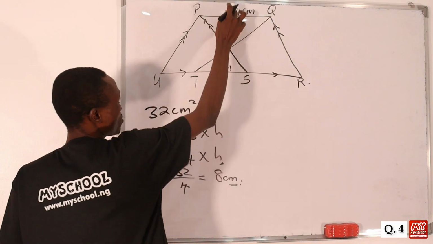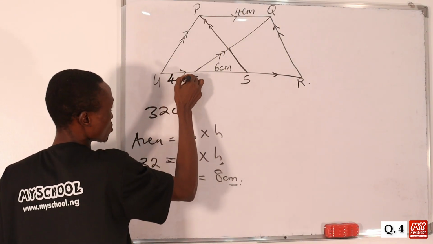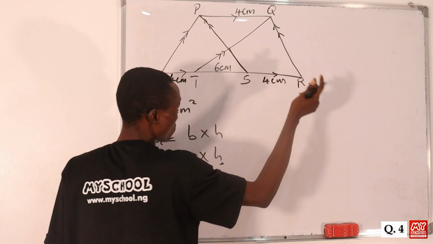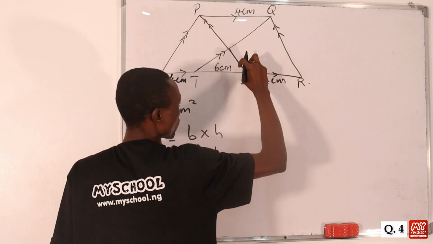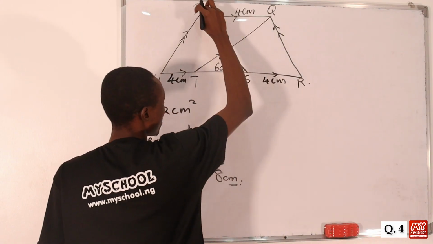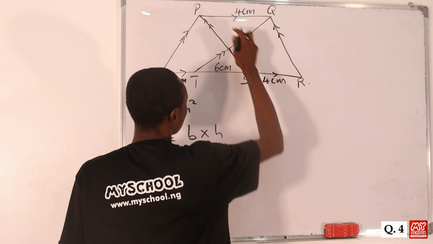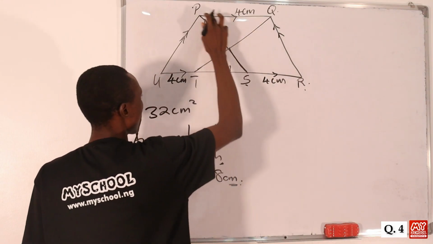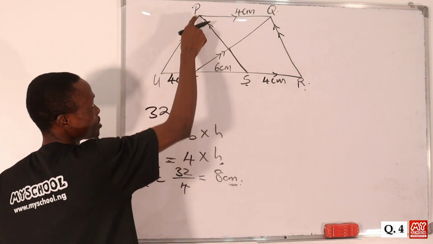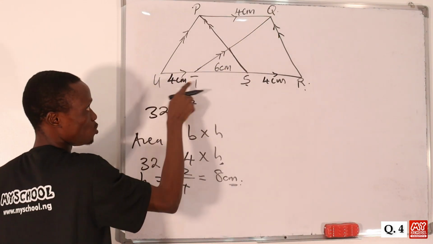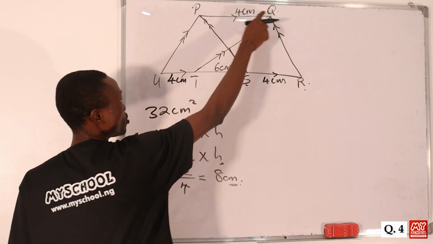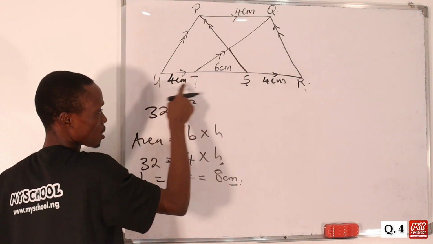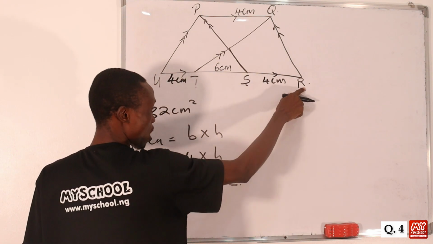So if here is 4, then here is also 4 centimeters, and this place too is 4 centimeters. Remember that the parallel sides of a parallelogram are equal. So PQ is parallel to S arrow and also parallel to UT. That is, PQ is parallel to UT.